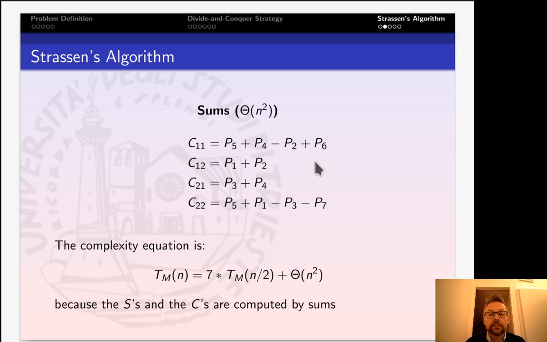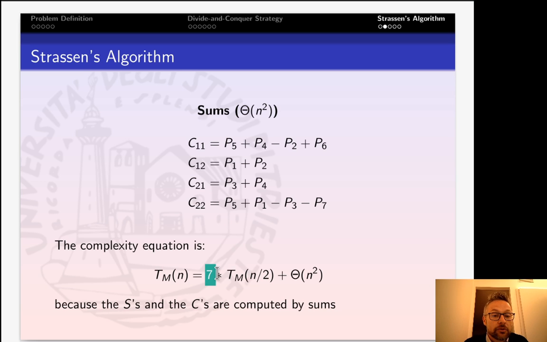Let's see the complexity. As done for the divide and conquer algorithm, we have a complexity equation which should be resolved to get the complexity of the Strassen algorithm. But let me stress the fact that here we have a 7. So at this point of the equation, we have a 7 instead of an 8.